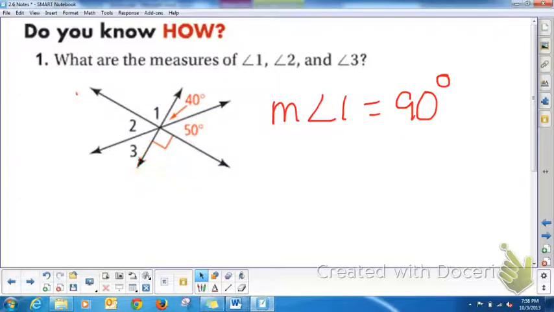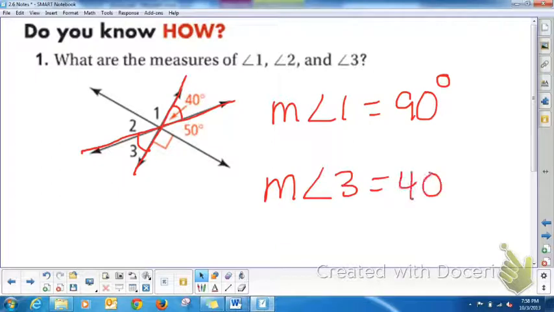Can you figure out what angle 2 and angle 3 are? Angle 3 is vertical to which angle? So the measure of angle 3 would be congruent to its vertical angle. So it would be 40 degrees.